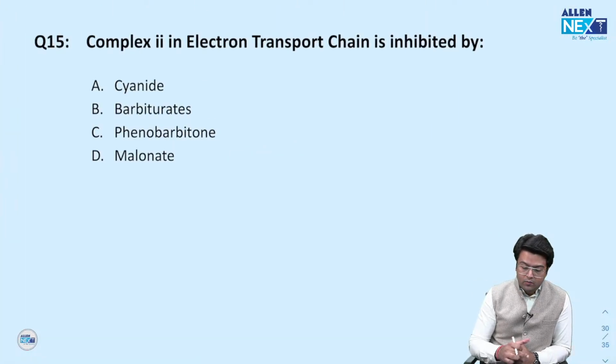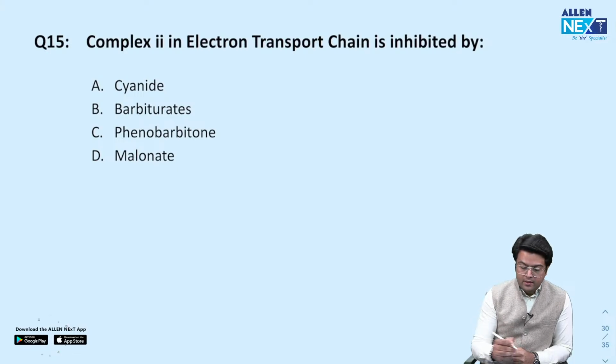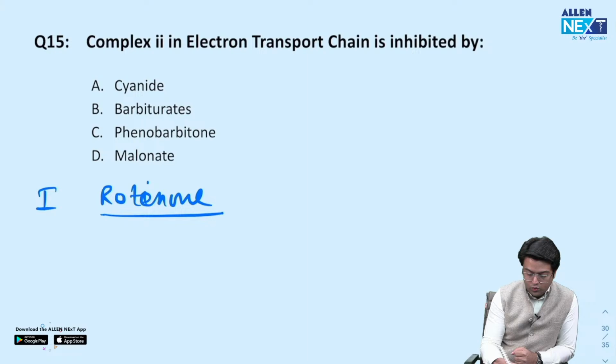Fine. Moving to our next question, complex 2 in the ETC. See guys, complex 1 is rotenone. Complex 2 is malonate and carboxin, right?